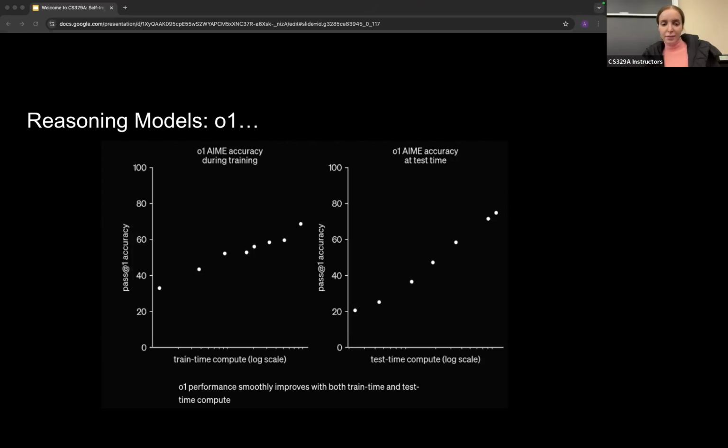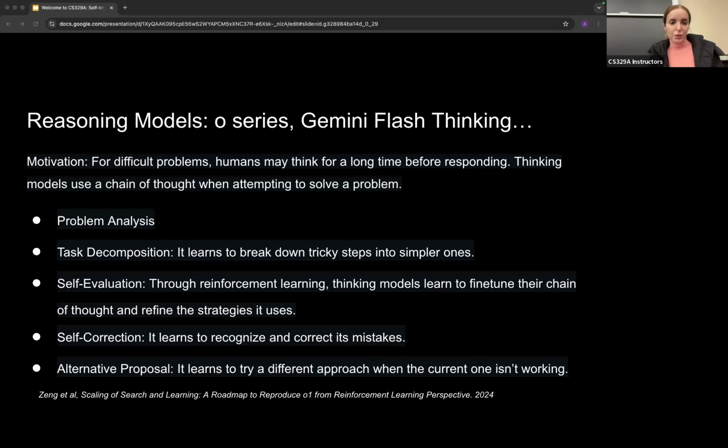And perhaps we can now tune how much compute we want to spend on more or less complex, or more or less valuable, tasks. There's another reasoning model called Gemini Flash Thinking.